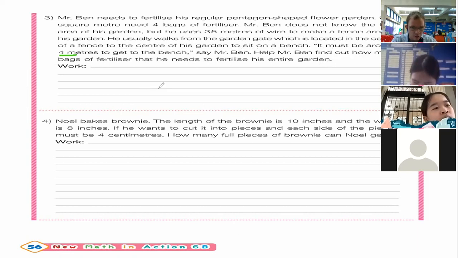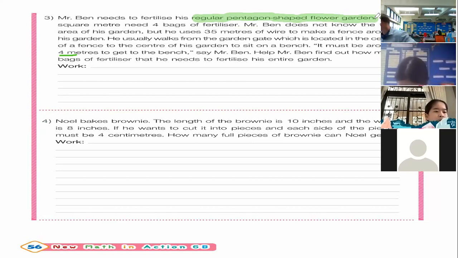So again, let's start off by reading. Mr. Ben needs to fertilize his regular pentagon-shaped flower garden. A pentagon has how many sides? Who can tell me? Anyone? Does anyone know? Penta meaning 5.